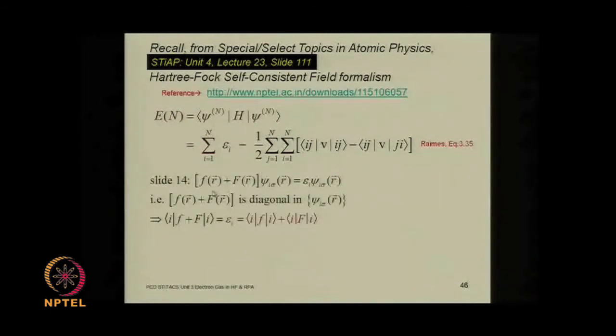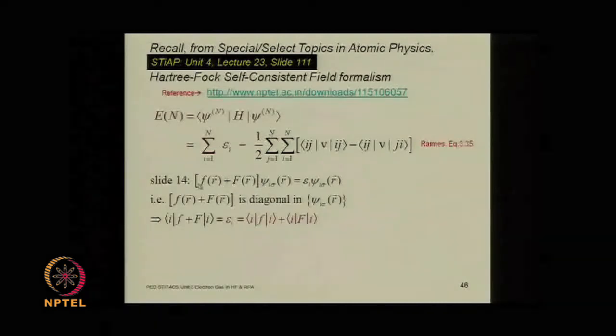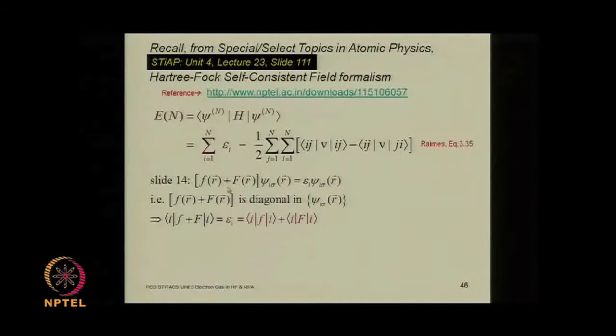But then we also know from the previous class and specifically from slide number 14 that you have this eigenvalue equation for the one electron operator F plus uppercase F, and in terms of this epsilon I, this would be the eigenvalue because F plus F is diagonal in this basis, as we have seen earlier.